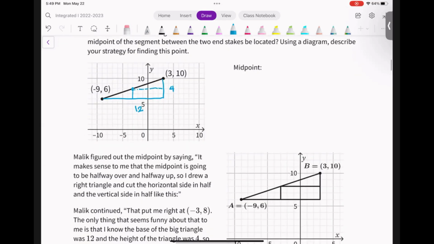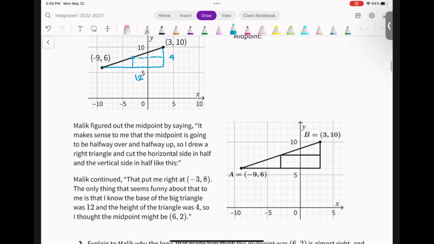Malik figured out the midpoint by saying it makes sense to me that the midpoint is going to be halfway over and halfway up. So I drew a right triangle and cut the horizontal side in half and the vertical side in half, just like we did. Malik continued, that put me right at (-3, 8). The only thing that seems funny to me is that I know the base of the big triangle is 12 and the height was 4, so I thought the midpoint would be (6, 2).